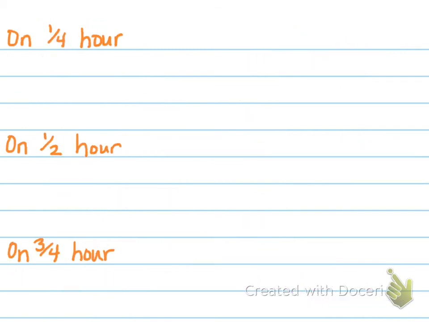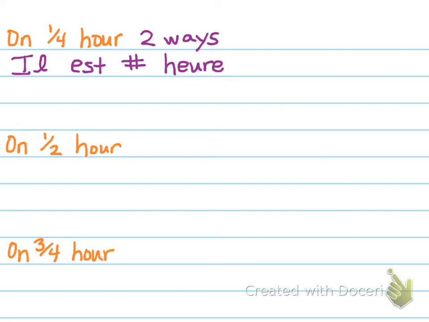Now, on the quarter hour, there's always going to be two ways that you can say these times. You can say il est, our number, et quart. Again, this number here is the number for the hour.